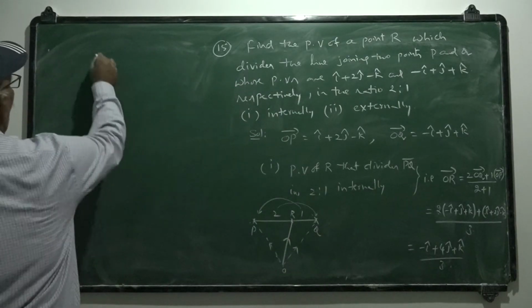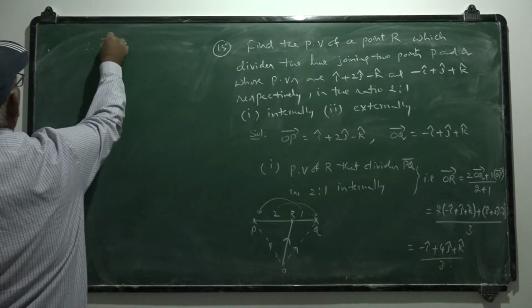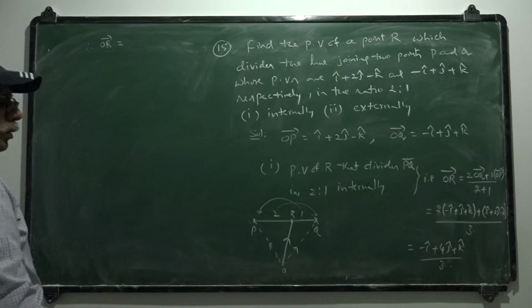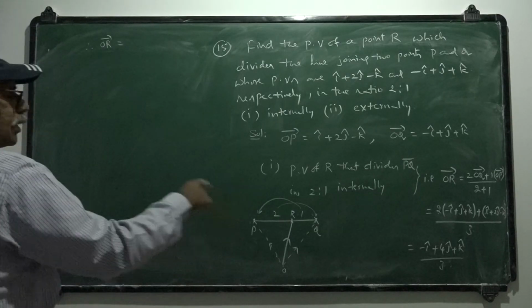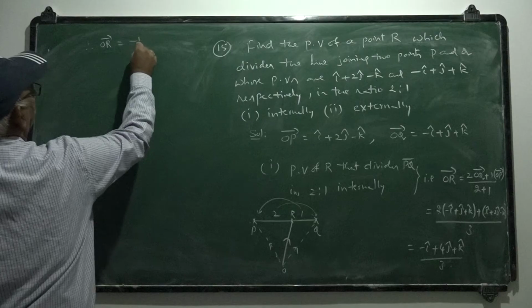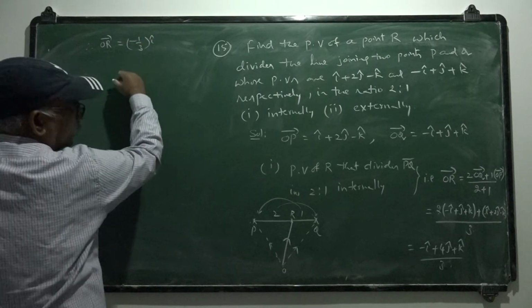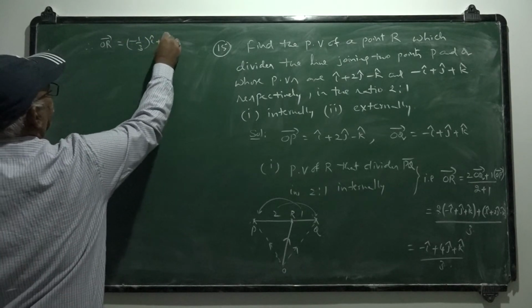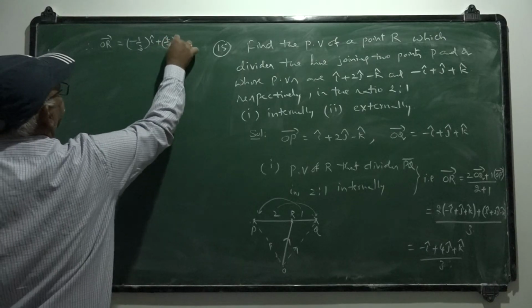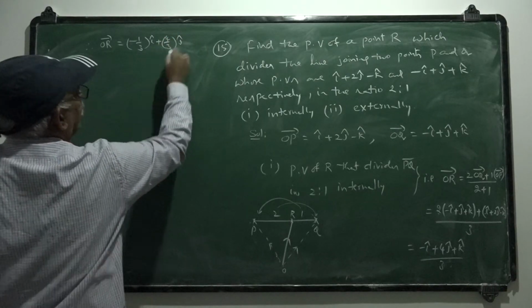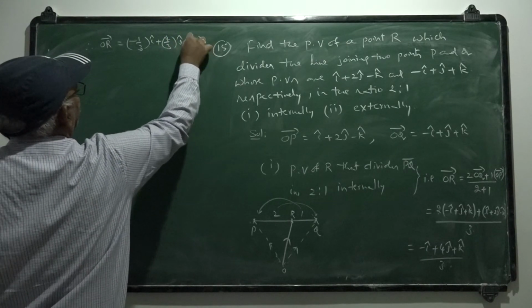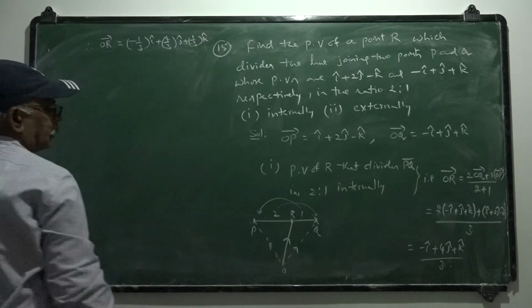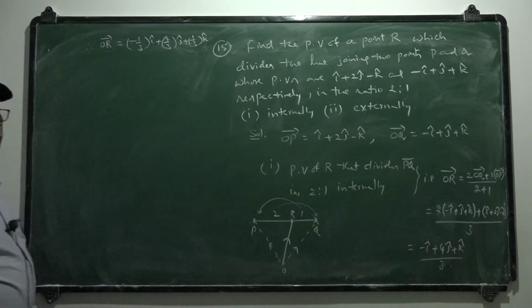So OR bar, the internal division point position vector, is minus 1 by 3 i plus 4 by 3 j plus 1 by 3 k. This is the position vector of the internal division point of PQ in the ratio 2:1.